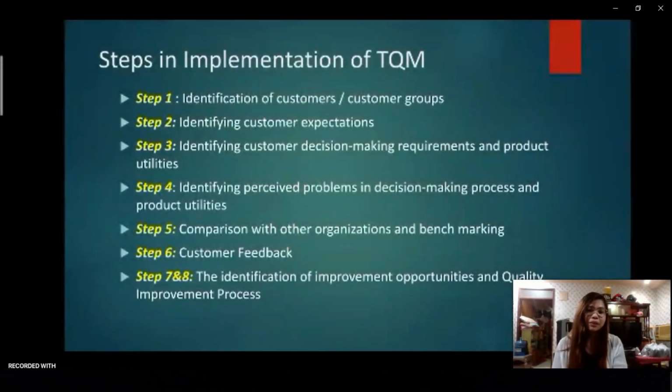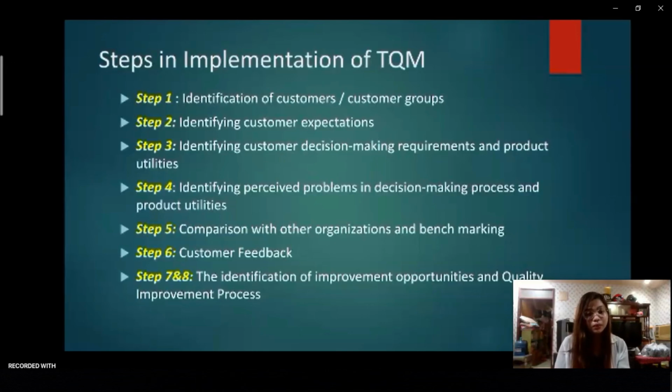These are the steps to be taken in the implementation of TQM. First, we identify major customers to prioritize. Then we ask their expectations. We use that information to stay close to the customer and follow their suggestions. But at some point, there are problems or shortcomings that will occur.